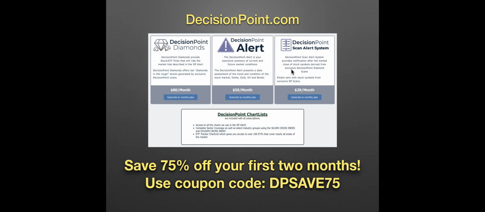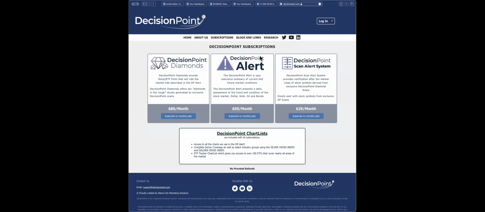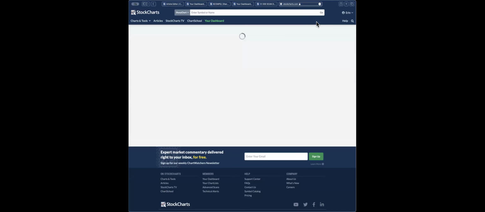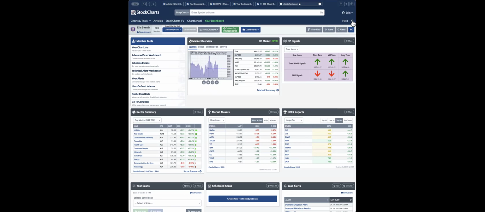So let me go ahead and show you where you can find my article. All right, so if you go to stockcharts.com and you go to the little magnifying glass, you can type in price momentum oscillator.